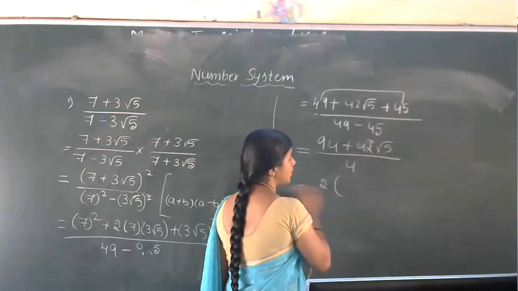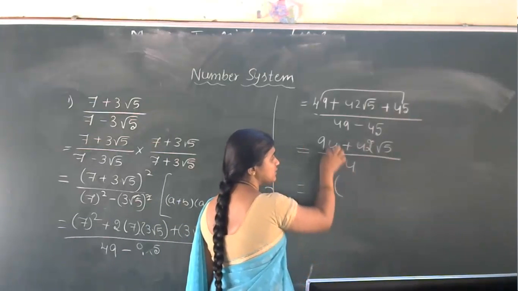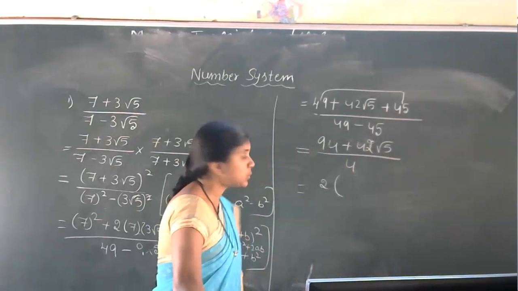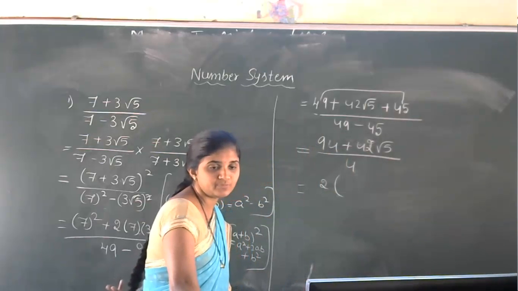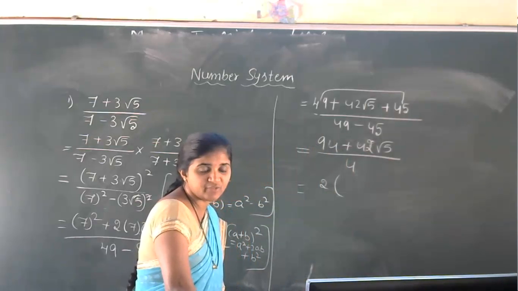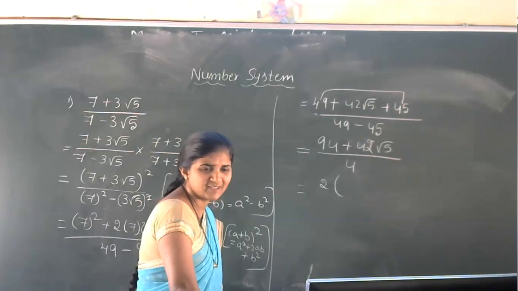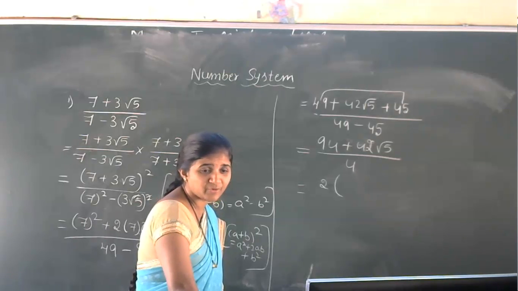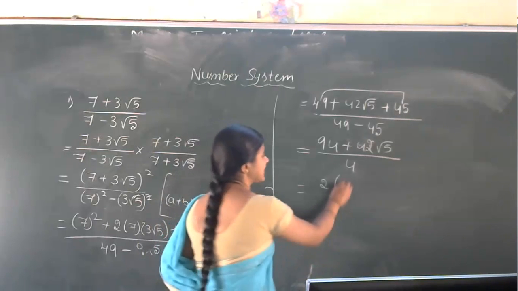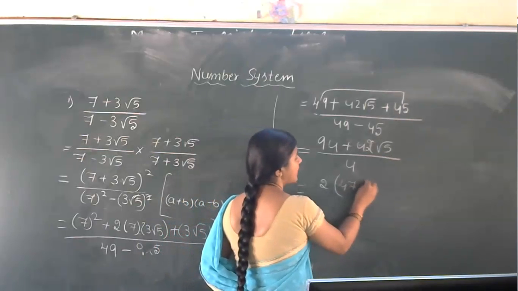If we take 2 outside, then 2 into dash is 94. 2 dash are 94. 47s are 94, plus 42.